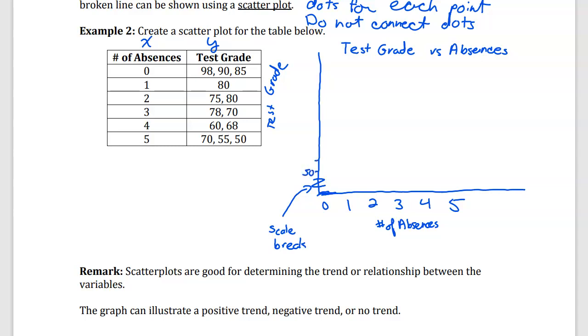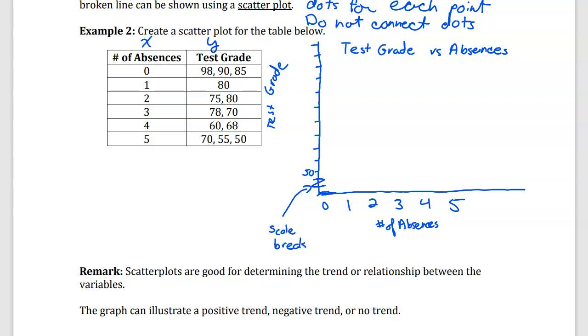And I'll go 55, 60, 65, 70, 75, 80, 85, 90. Ooh, let's try going back down and putting those a little bit closer together. So there's 55, 60, 65, 70, 75, 80, 85, 90, 95. And we'll do 100 up here.